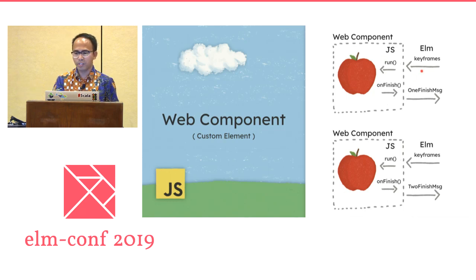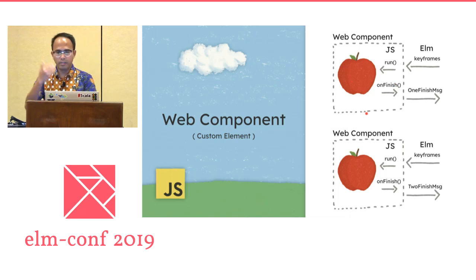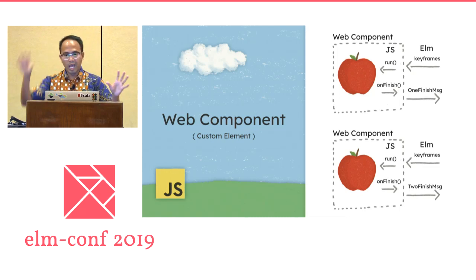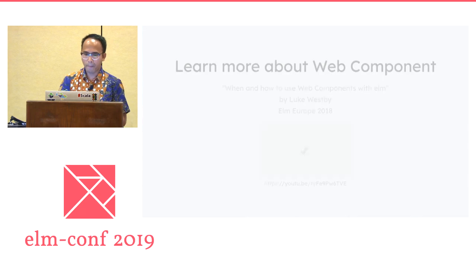So if you want to tell this Apple to run, you just send that keyframe into this web component instead of this one, and then it will run it. When it's done, it will dispatch an event, and we can listen to that event in our Elm code, so we know exactly this is happening for this Apple. So it's easier to coordinate between multiple elements that you're going to animate.